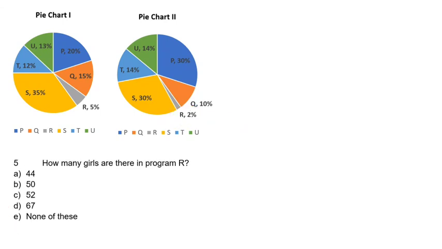Next question. How many girls are there in program R? For program R, what is the total? You can see 5% is the total. 5% of 1200 is 60.